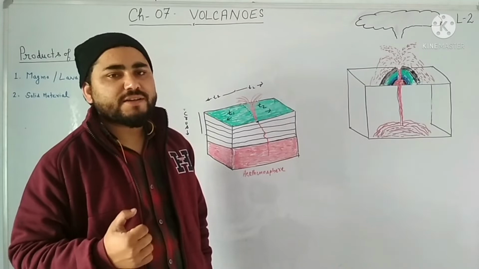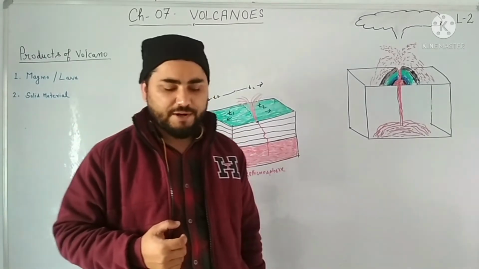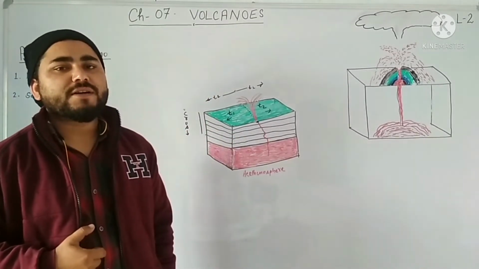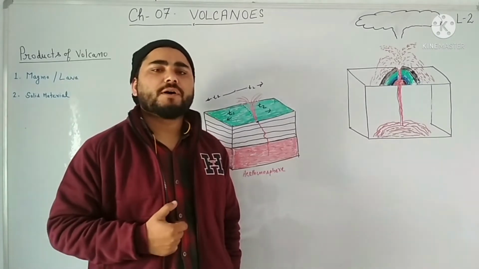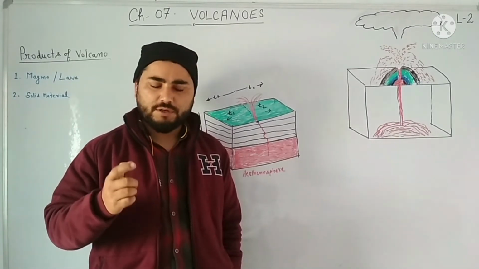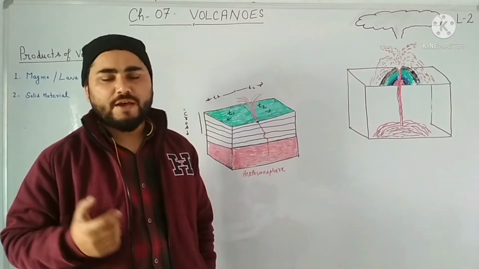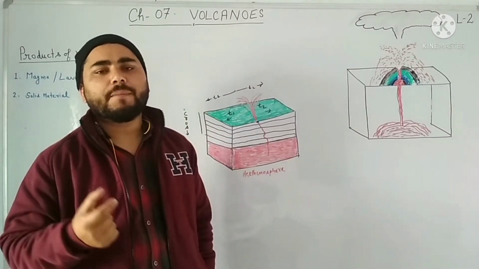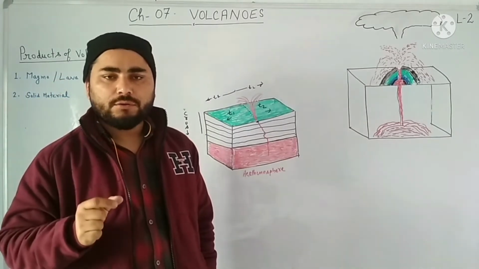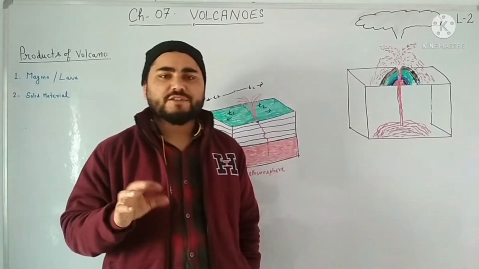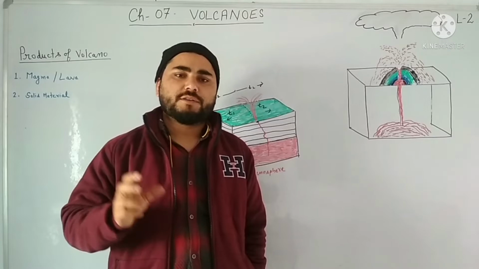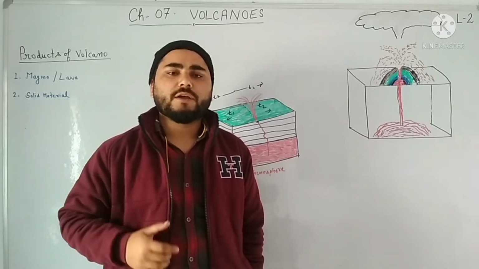Okay, so we will discuss these things in detail, and other than that we will study the structure of the volcano. Okay, what type of structure a volcano has. In that we will be studying about the volcanic cone, the cone shaped structure landform, to which we call a volcanic cone.